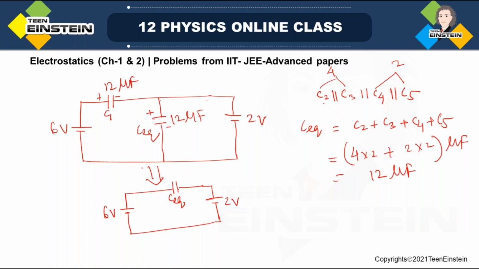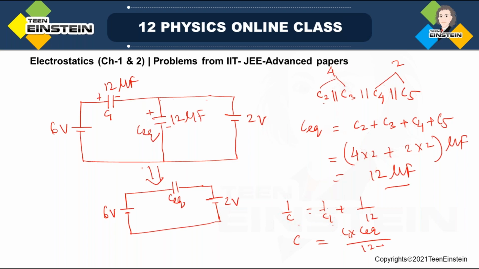Okay, so what is the equivalent capacitance of these two? We have to find out. See, 1 over C is equal to 1 over C1 plus 1 over 12 microfarad, this one. So both are actually 12. So I can just do one thing. I can just write multiplication of C1 and C equivalent by addition. Both are 12 actually.